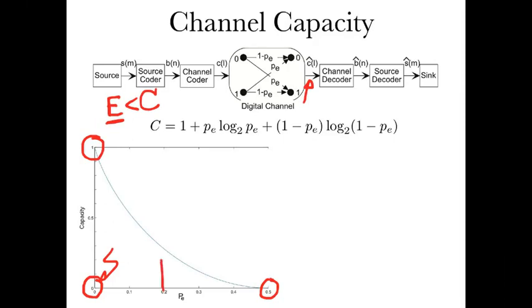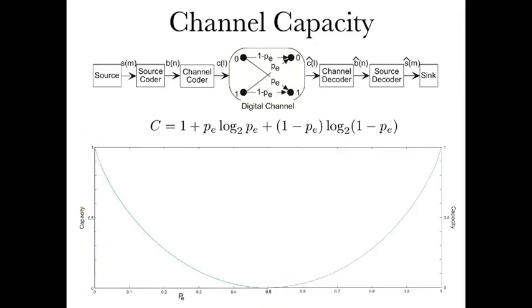So at some intermediate value of PE, you cannot use a code that's greater than this capacity if you have any hope of getting the message through without error. If you try to use something that has an efficiency greater than capacity, you're going to have errors. You just can't do it.